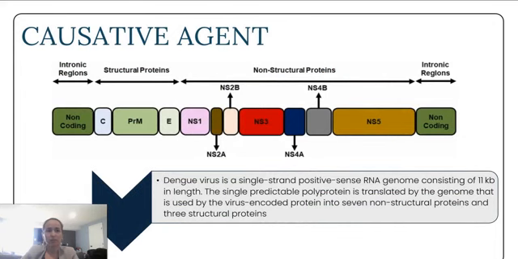Causative agent. Dengue virus has a single-strand positive sense RNA genome, 11 kb in length.